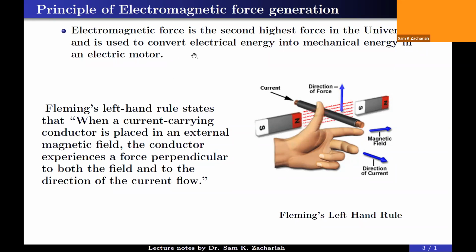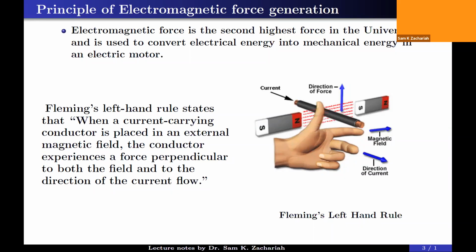And that is used to convert electrical energy into mechanical energy in an electrical motor. So you can say that the magnetic field is the medium by which we are converting electrical input energy to mechanical output energy. So the size of the motor very much depends on the ability of the permanent magnet to produce large magnetic field intensity within a given volume.